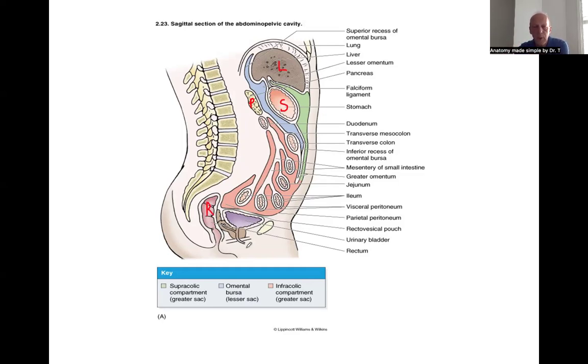So you have a chance to see quite a large number of different things, but not in that dense and heavily populated form as more accurate images would do. Let's not forget, we also have here, I will mark it with a circle to make it more visible, part of the large intestine, which is called the transverse colon, while these little circles actually show coils of the small intestine.